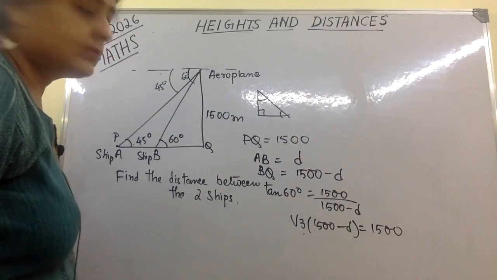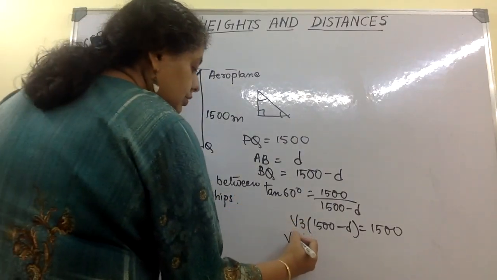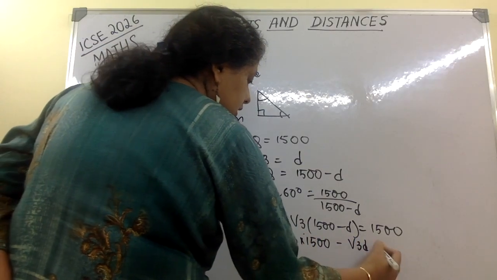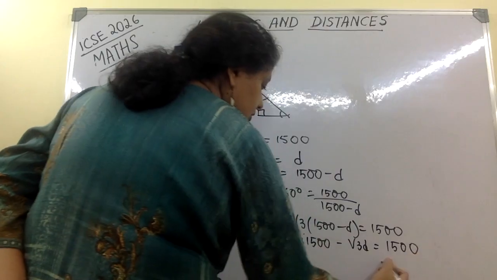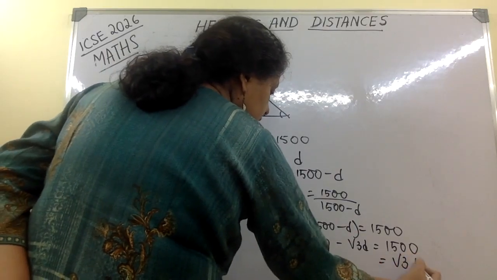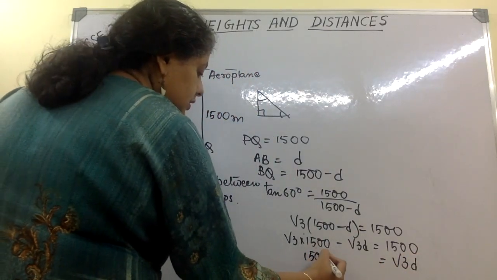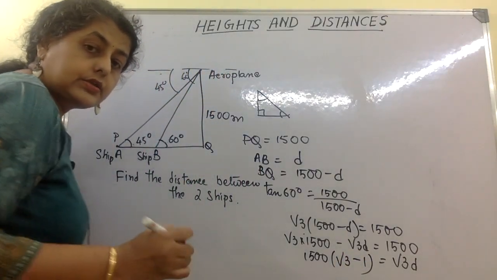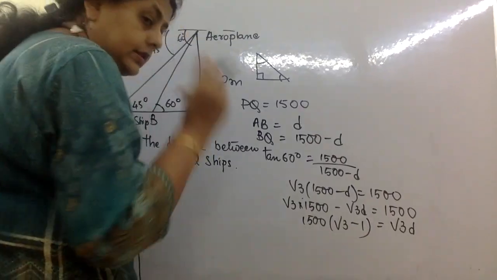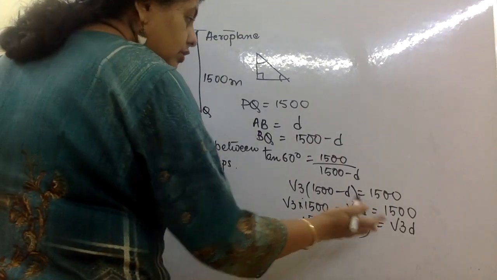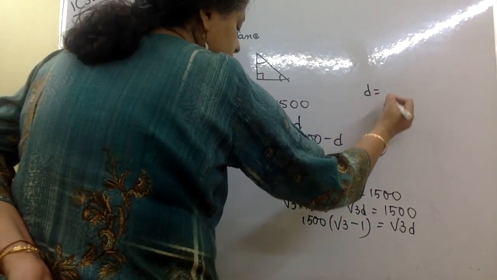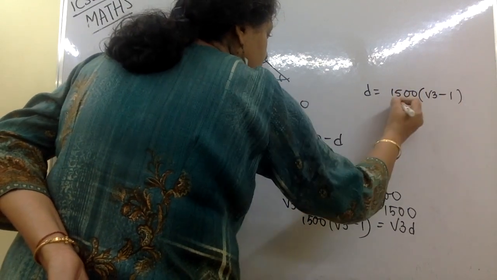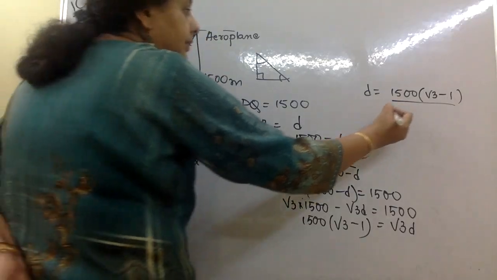Taking this, root 3 into 1500 minus root 3 D is 1500. So root 3 D is 1500 (root 3 minus 1). Now how do we find D? D is equal to 1500 (root 3 minus 1) by root 3.